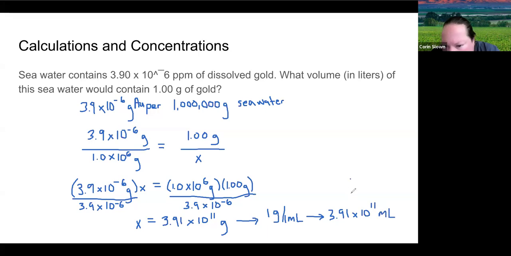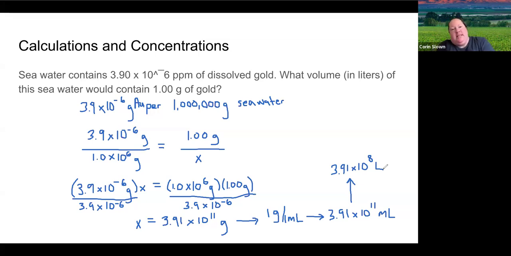And then if I wanted to convert that into liters, I know that there are 1,000 milliliters, so I divide by 1,000, so that would be 3.91 times 10 to the 8th liters. That is a lot of ocean water for 1 gram of gold.